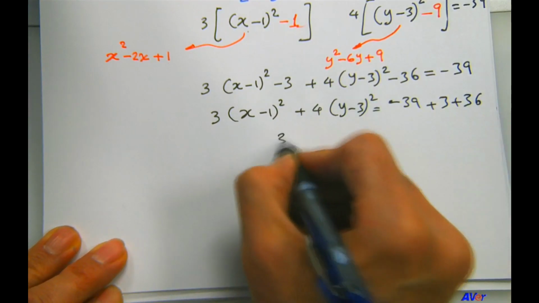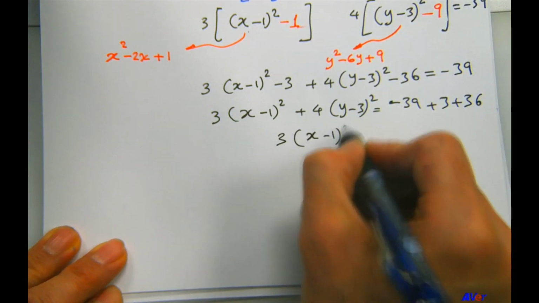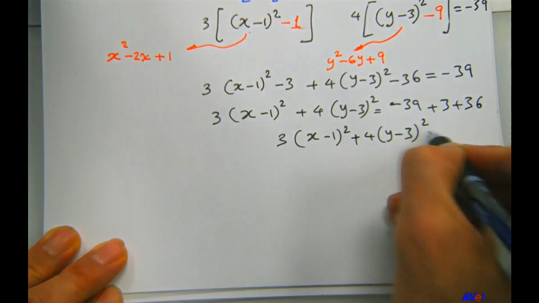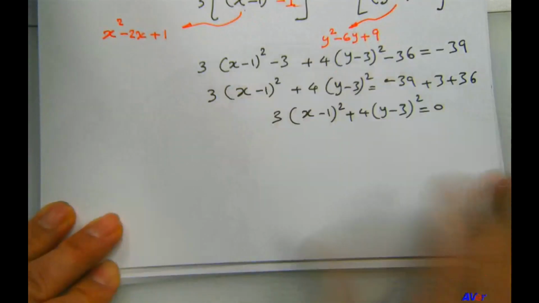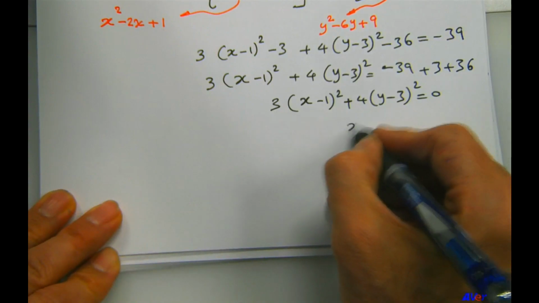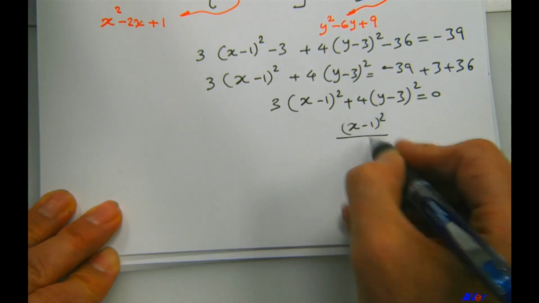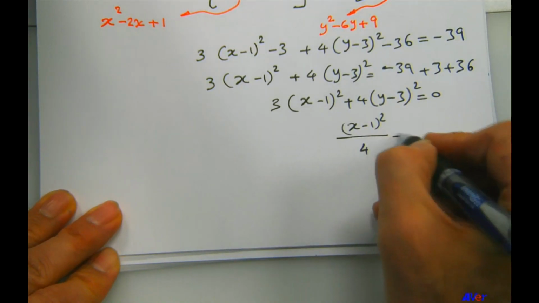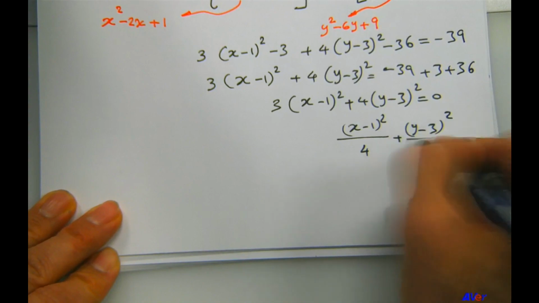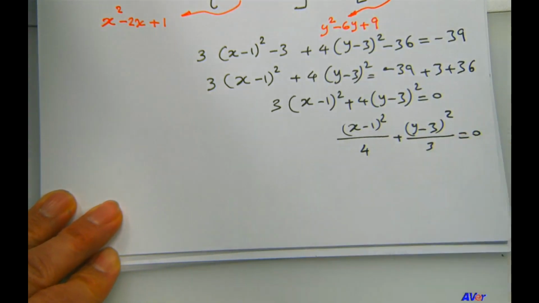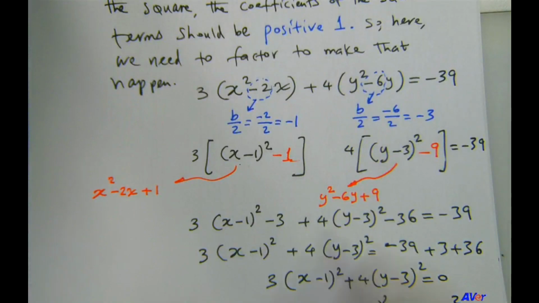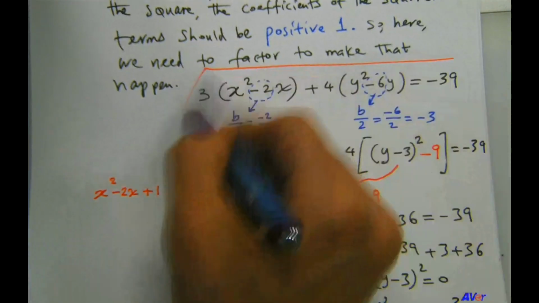So we have 3 times (x minus 1) squared plus 4 times (y minus 3) squared equals 0. And then we divided both sides by 12, right? So we ended up with (x minus 1) squared divided by 4 plus (y minus 3) squared over 3 equals 0. So this is a review of the method of completing the square right here.